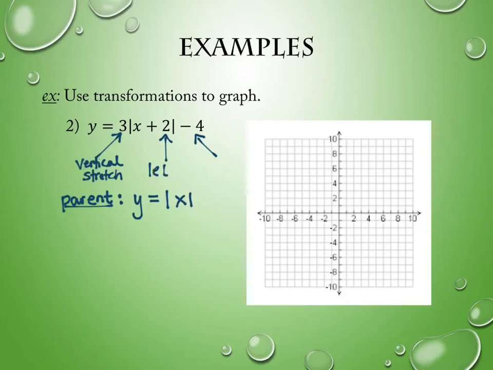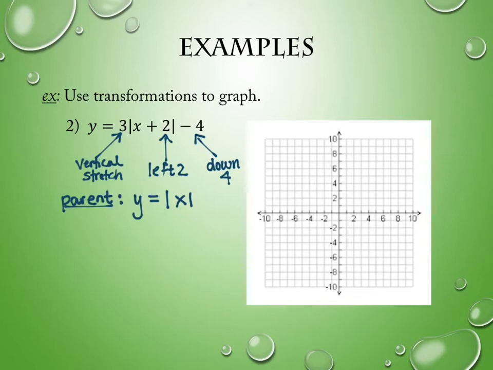Yep, it will move it left 2. And then how about that 4 at the end? Close. What do you say, L'Oreal? It'll be down 4, you're right. That one's down. So anything that's happening on the outside moves it up or down, so this one will be down 4.